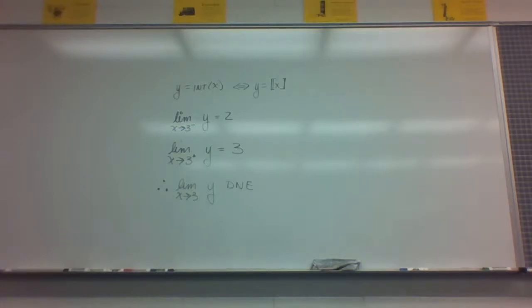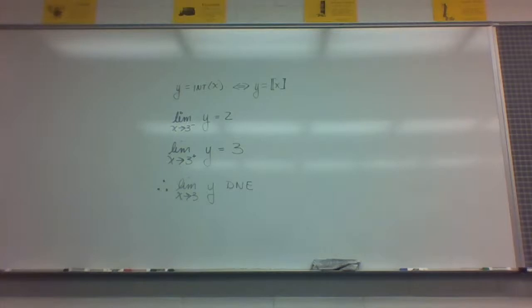Therefore, we call it discontinuous at 2, because the function value and the limit are different. It's discontinuous there. What is the limit as x approaches 3? 2. Would you agree? The limit as x approaches 3 is 2. What is f of 3? 2. What do you conclude?